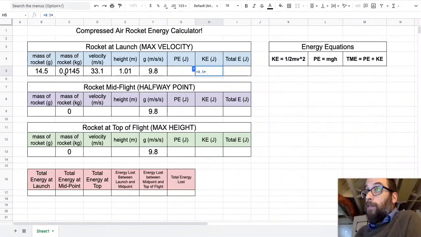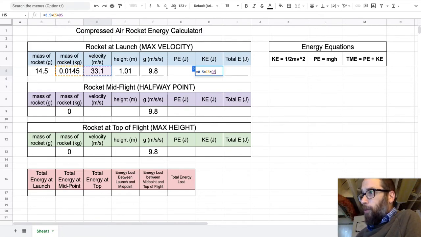If you click right on cell C5, it automatically inserts that cell address into your formula. Boom. And then we're going to multiply again, shift 8 again. And now we need the velocity. The velocity is right next to the mass in cell D5. Click again, and that puts that cell address into your formula.